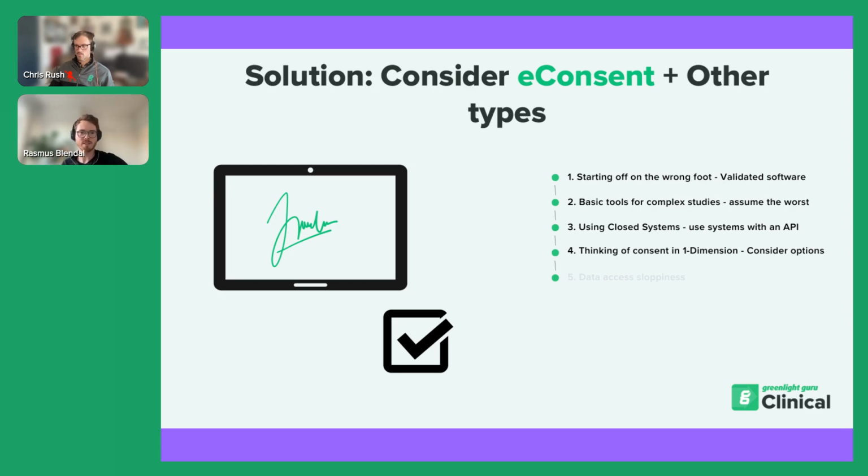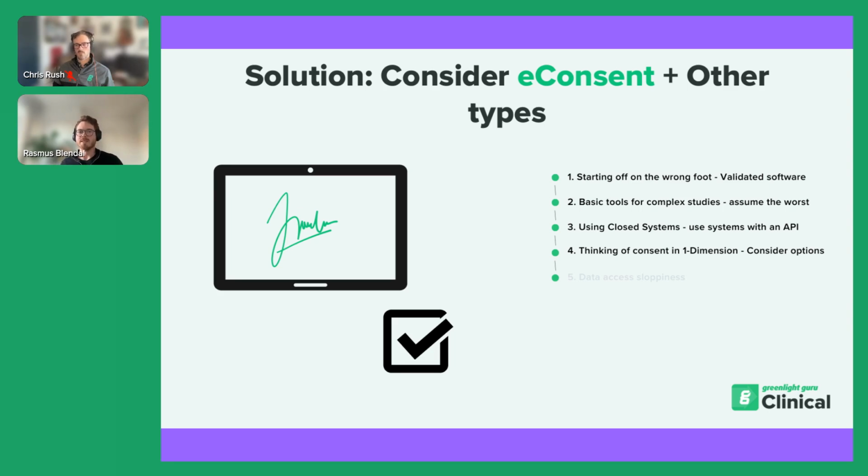If we can digitize it, it's also possible to remove the need for bringing the paper back. The paper, quote unquote, will be instantly shipped to the investigator upon final signature.